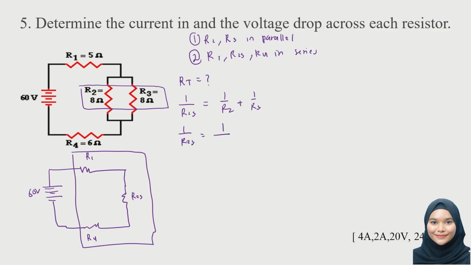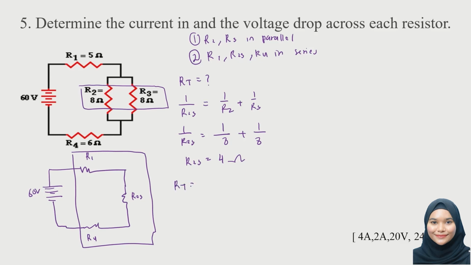So our resistor 2 is 8 ohm. Resistance of resistor 3 is 8 ohm as well. So this will give us 4 ohm. Alright, now we know R1, R2-3 and R4 are in series.